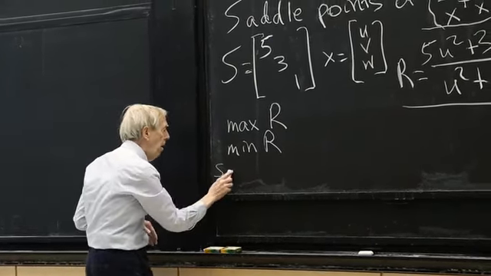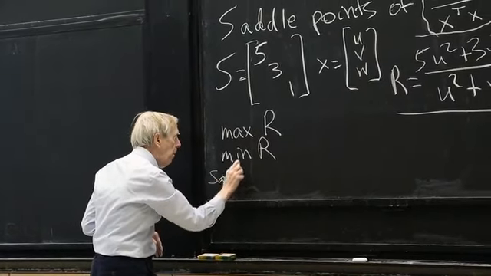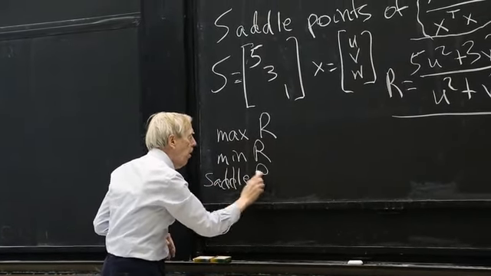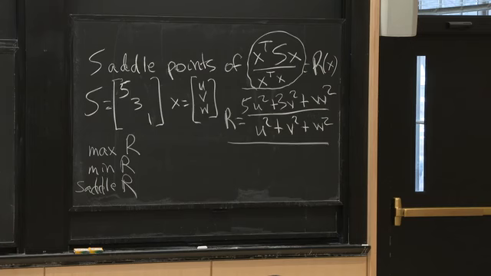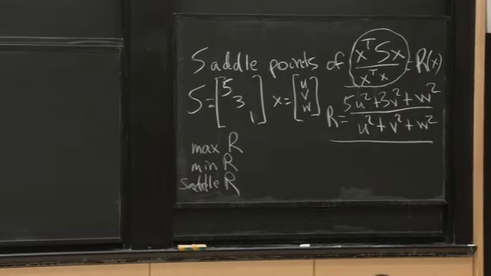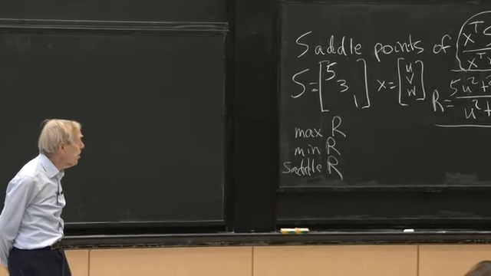Saddle point of R. Okay, what's the maximum value? How large could you make that ratio, capital R? This isn't a standard topic in 18.06, but with an example like this, you'll see the whole point. Okay, so how large could I make R?